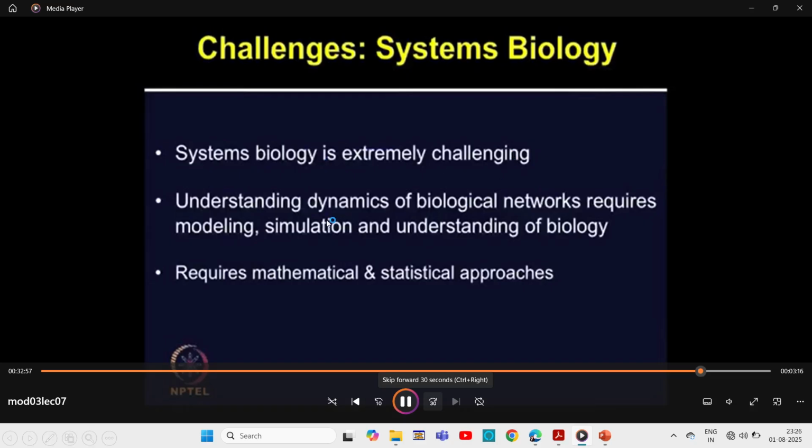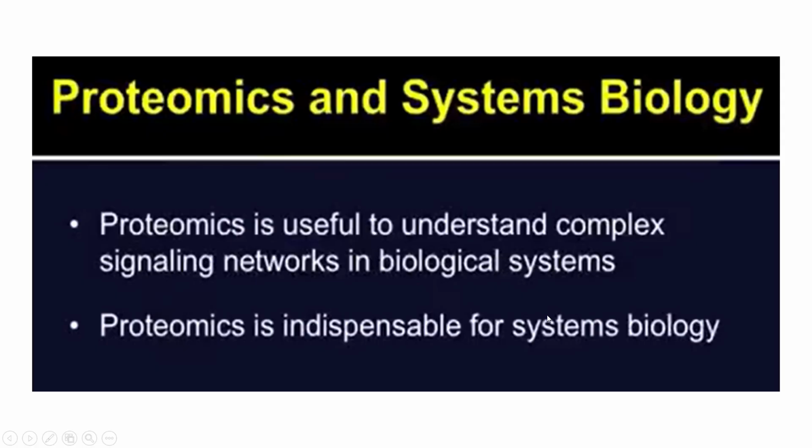So it's extremely challenging, and understanding the dynamics of the whole biological network requires modeling, simulation, and understanding the whole biology. And in order to do this, there are some mathematical and statistical approaches you need to deal with. In that, we are just dealing with proteomics, which is useful to understand the signaling networks with respect to protein only.